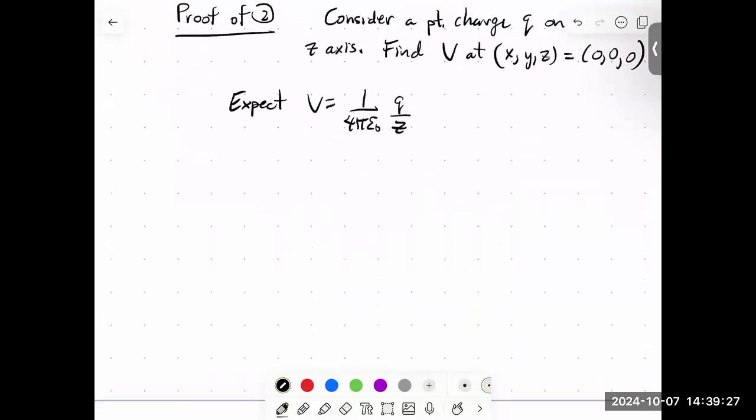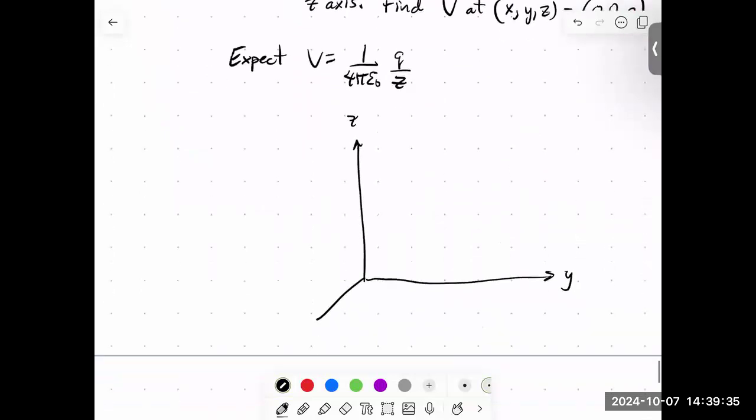So let's draw the picture. Here's going to be our z-axis. We'll have our y-axis here, and here's x. All right, Q, our point charge is sitting here. And then, I've got a circle of radius r that sits something like this. And so here's some point on that circle. This is length r.